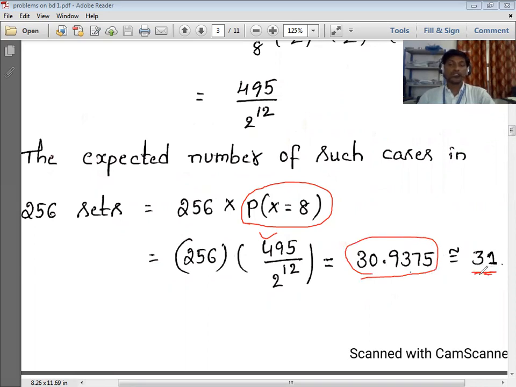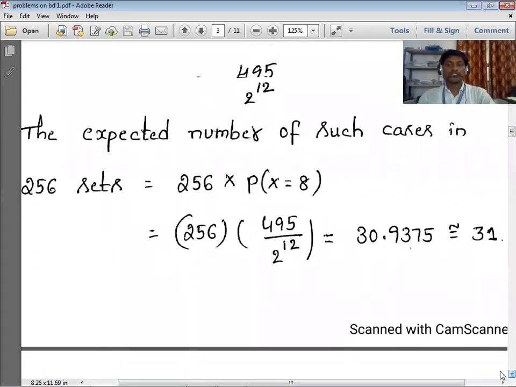So it means out of 256 sets, 31 sets are having 8 heads and 4 tails. Okay, and the next problem is similar to this, a little bit different.